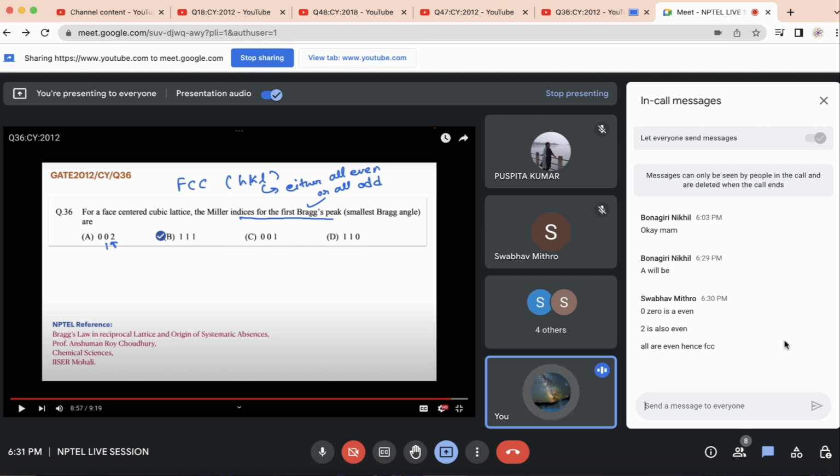If I consider X-ray, then I can say a range of 0.01 to 10 nanometer, I think, and then 2d sin theta. For the smallest Bragg angle, theta should be smallest. Either I can calculate d using all four options, because I have shown you how to calculate d using Miller indices, but again I don't have a.